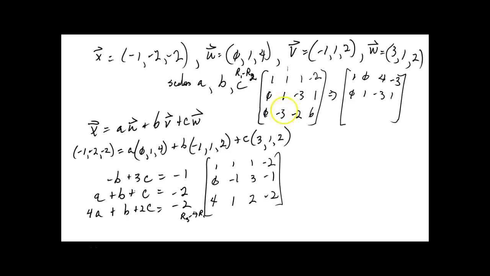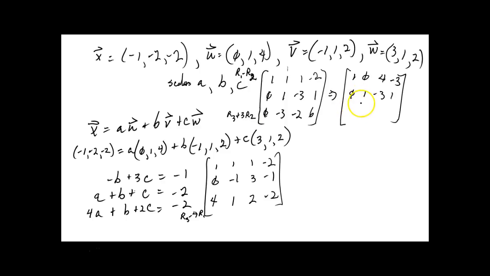We want that negative 3 to be a 0. How do we make that happen? Exactly. So row 3 plus 3 times row 2. Perfect.